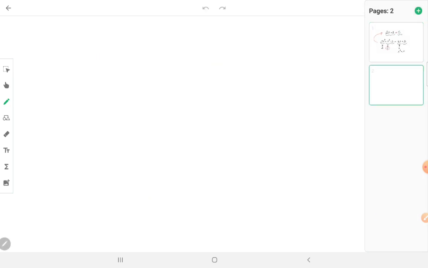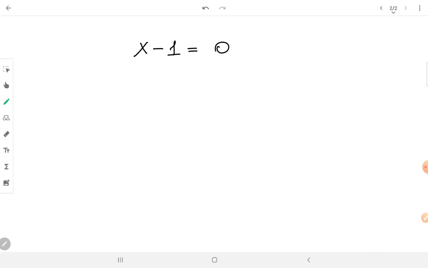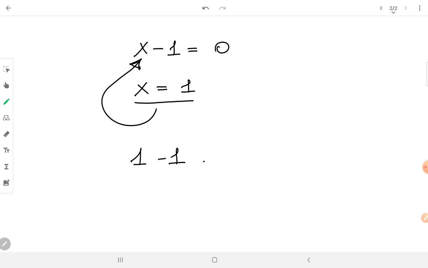To better explain this concept, we start from a simple first degree equation like x minus 1 equal to 0, that is solved by x equal to 1, because if I substitute 1 for the x, I have 1 minus 1 equal to 0.